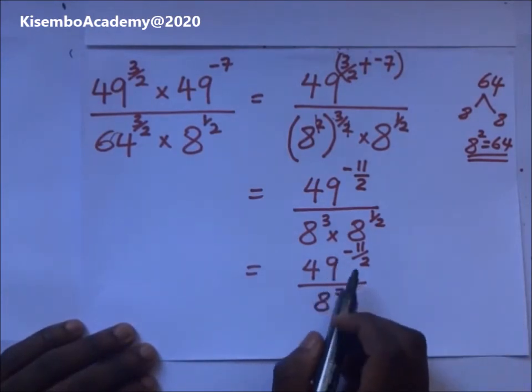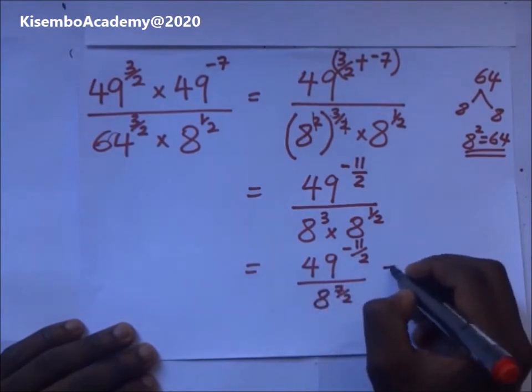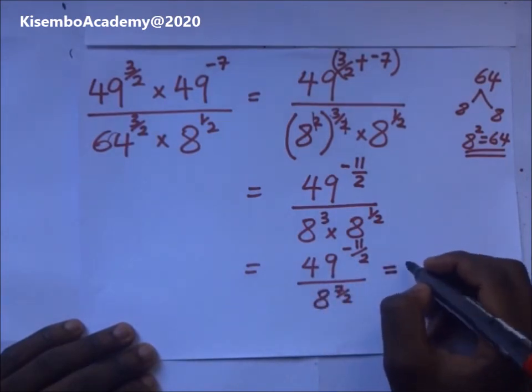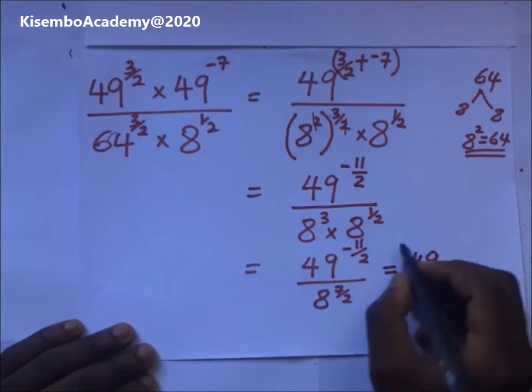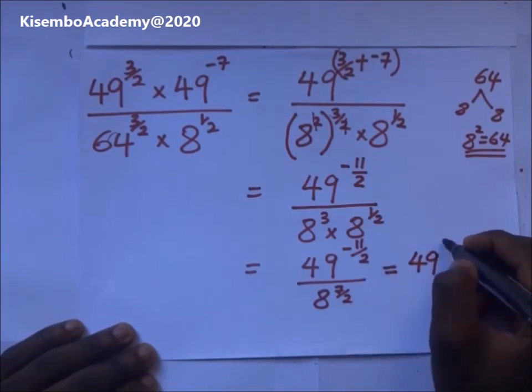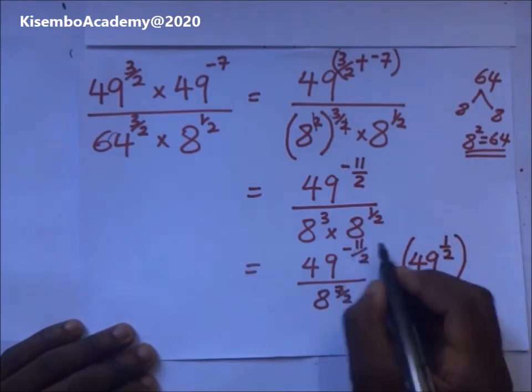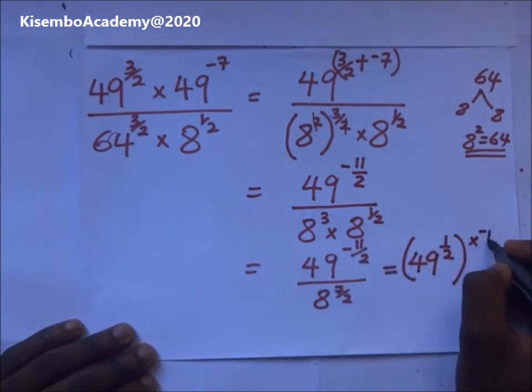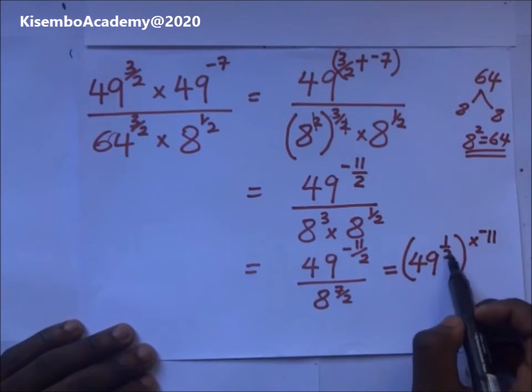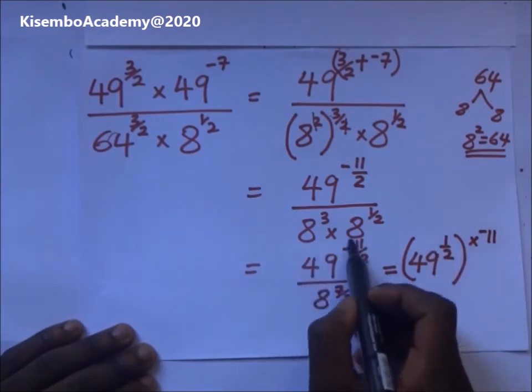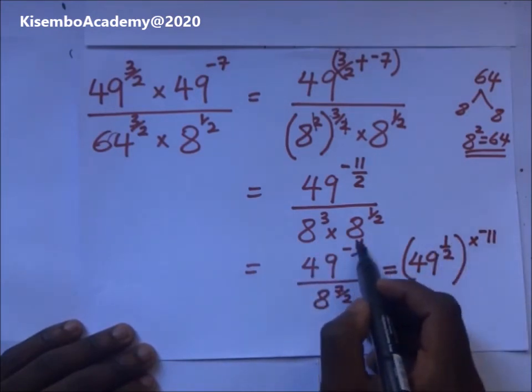And of course, this 49 is the same as 49 to the power a half, multiplied by negative 11, because negative 11 times a half gives you negative 11 over 2.